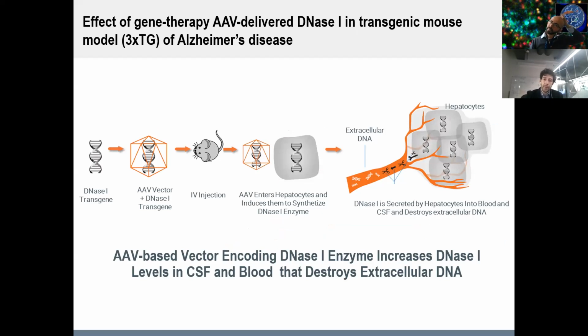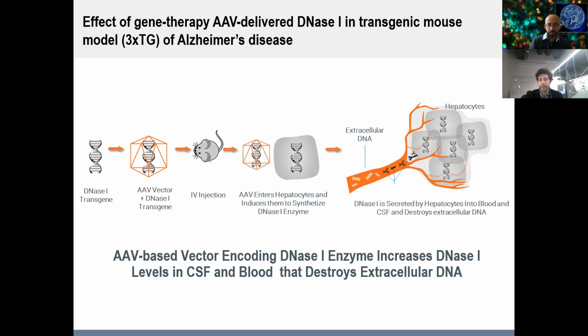And in humans, there is a nuclease enzyme named DNase 1, which cleaves DNA, and its function is to clear bodily fluids from cell-free DNA. So we evaluated the effect of gene therapy, AAV-delivered DNase 1, in a mouse model of Alzheimer's disease.